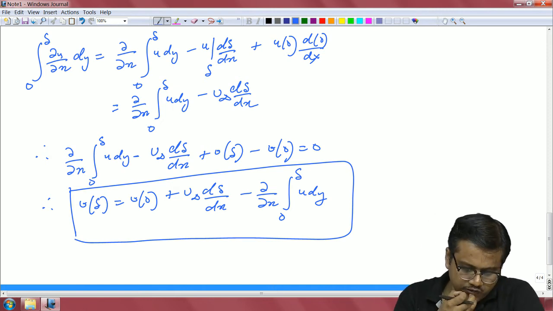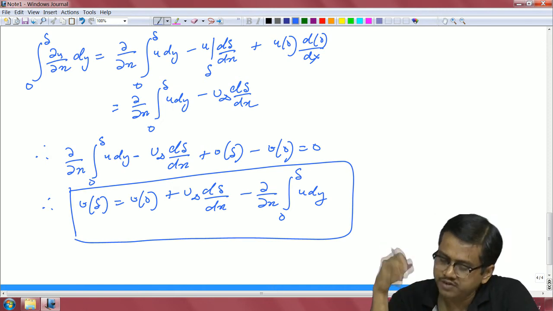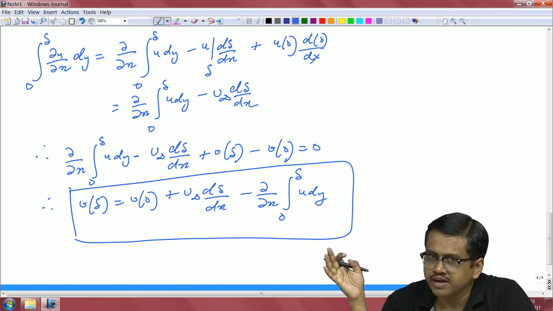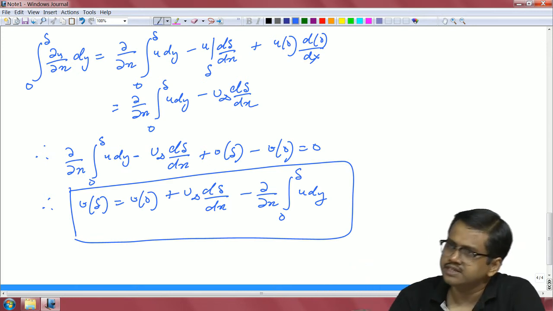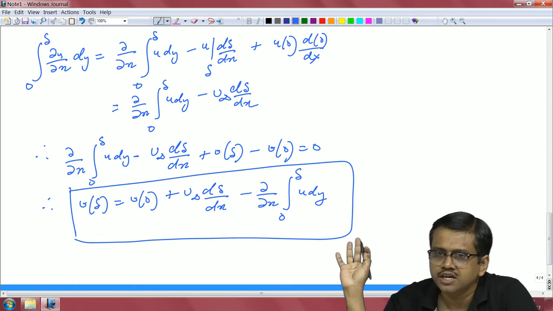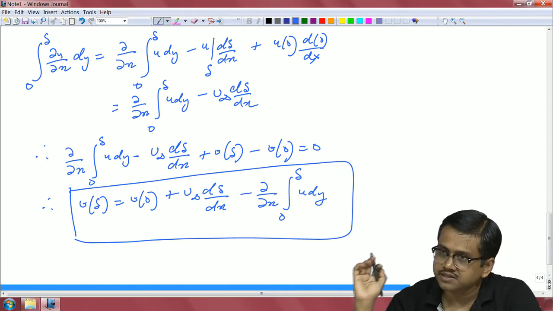Now, of course, v at 0 you can put whatever values that you want, v at delta you can put whatever values you want, and all these things are incorporated. This is the most generic form of the equation that we can write, got it.